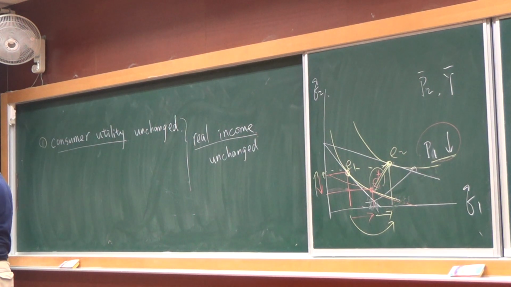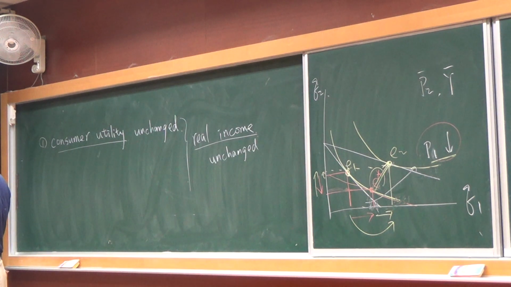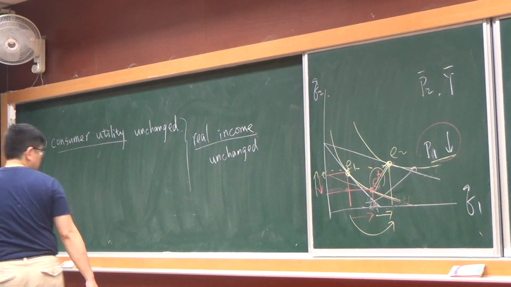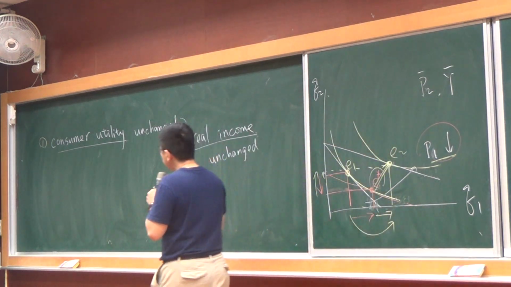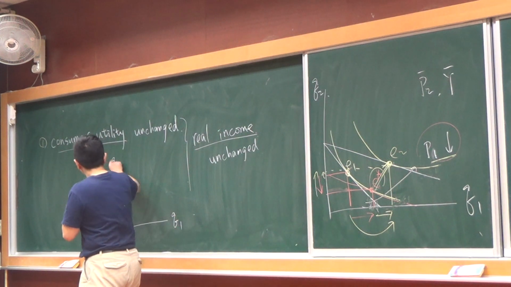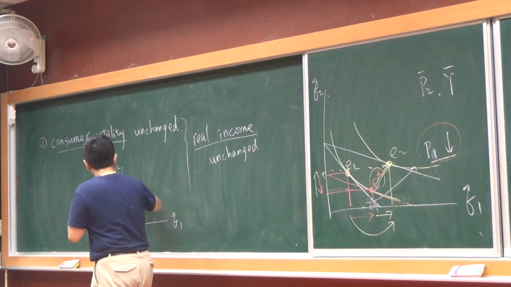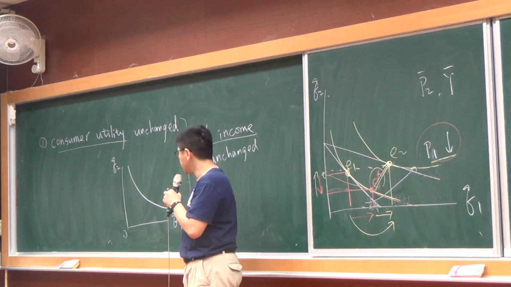And the very first thing you must notice is the direction of the substitution effect is always negative. It's always negative, which means, since we have a negative sloping Q1, Q2, we have a negatively sloping indifference curve.